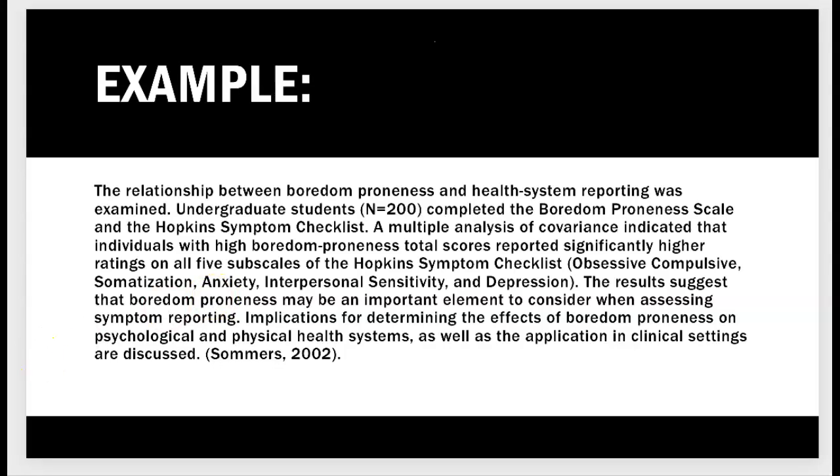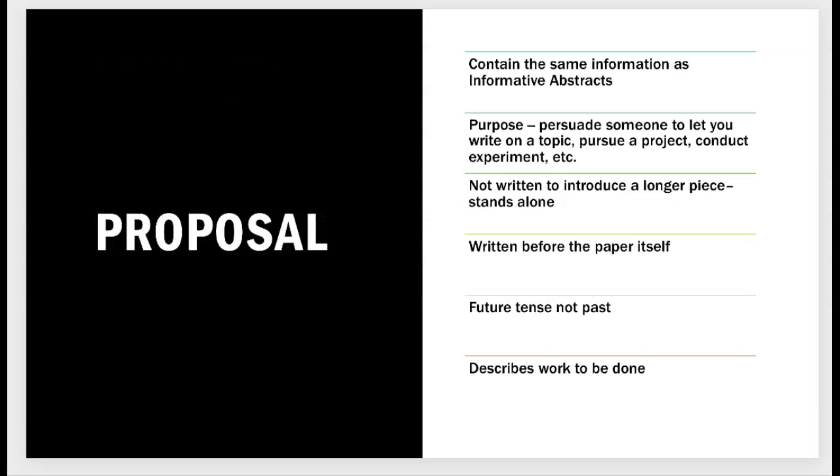The second type of abstract that you may run into in the future is a proposal. And a proposal is very different than an informative or a descriptive abstract because it's not written to introduce a longer piece.